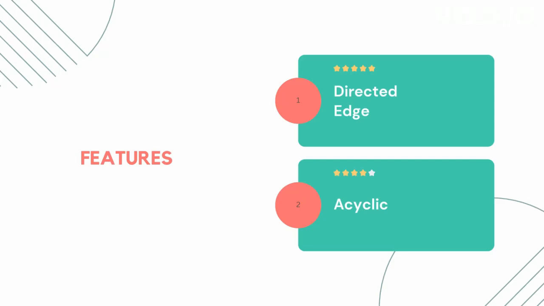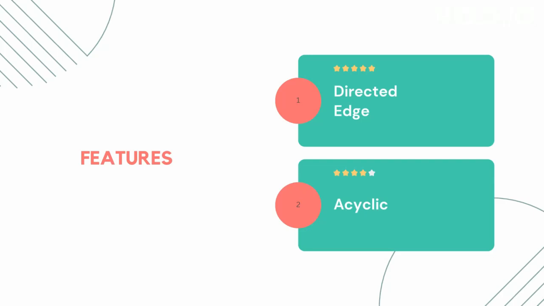Here, the directed acyclic graph has two important features. One is the directed edge and the other is acyclic. In a directed edge, each edge has a direction, meaning it goes from one vertex to another. This direction signifies a one-way relationship or dependency between nodes.